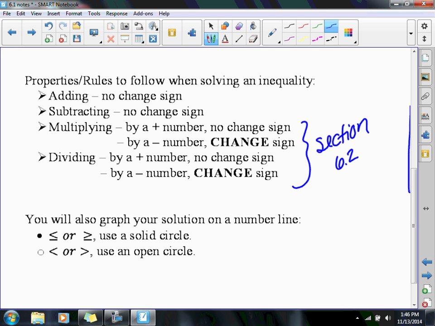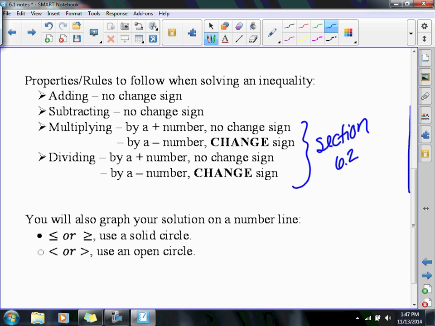Now, one other tip you need to know for today is that we're also going to graph our solutions on a number line. Anytime you're dealing with an inequality, it's good math form to graph it on a number line. When we graph, we're going to mark the actual answer with either an open circle or a solid circle. The open circle is used when we just have less than or greater than.